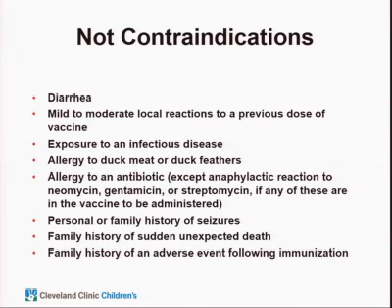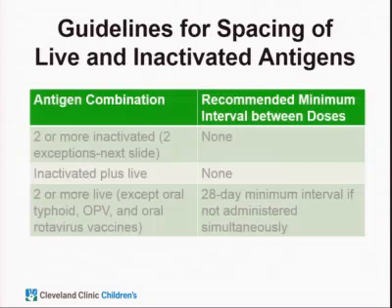And I've listed here a whole bunch of non-contraindications, which I'm sure you are all familiar with, but tend to pop up. Certainly personal or family history of seizures, family history of unexpected death, or family history of adverse effect following immunization. All right, so there are some guidelines for spacing of live and inactivated antigen vaccines.